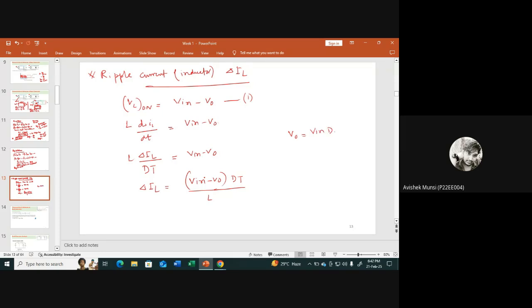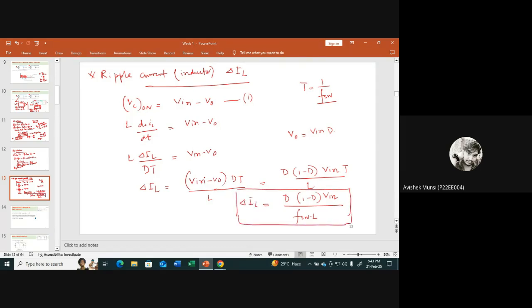So replace it in that way and we see that it is d times (1 minus d) Vin by L times T. Now T, the total time period, can be replaced by 1 by the switching frequency. So ultimately we can get d(1 minus d)Vin by L fs. This is the equation we can derive for the buck converter ripple inductance. Is it clear?